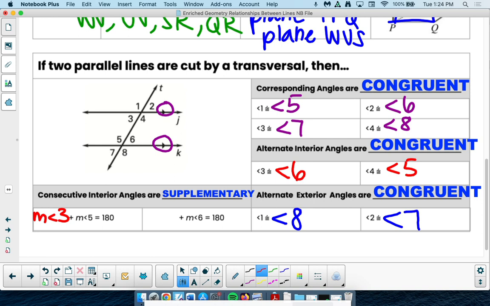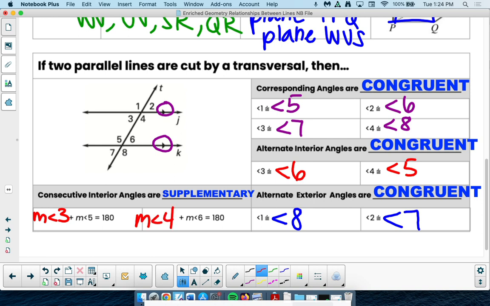And then what about for angle 6? Should be 4, right? What did we say, angle 4? Okay.